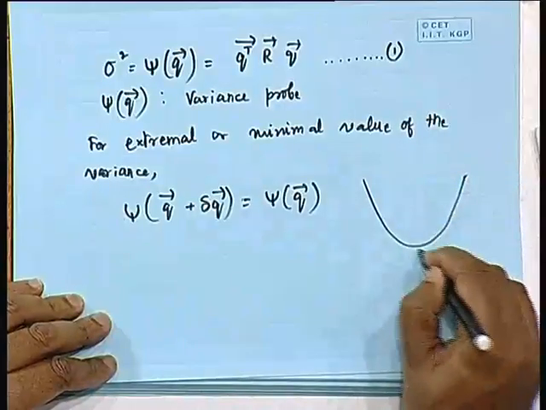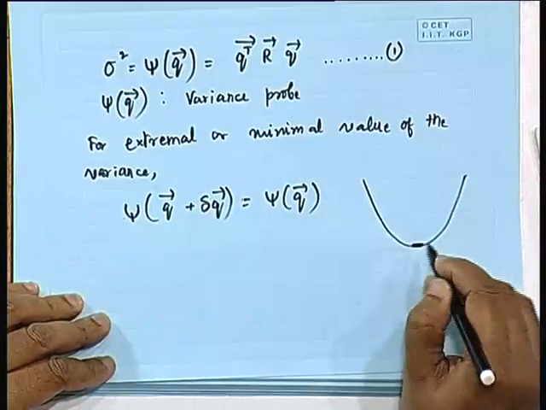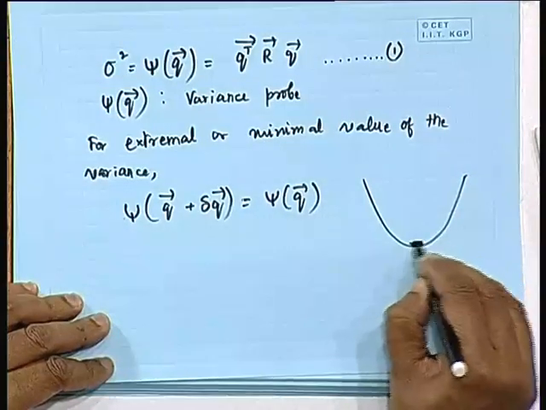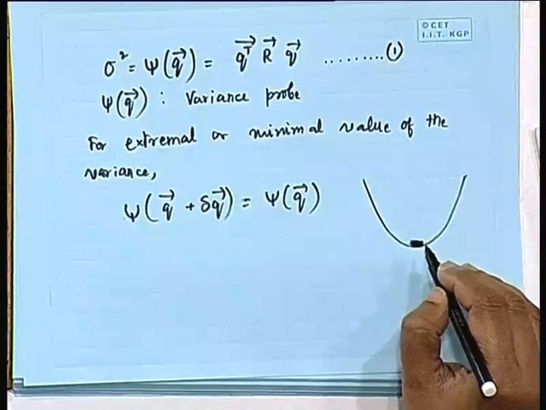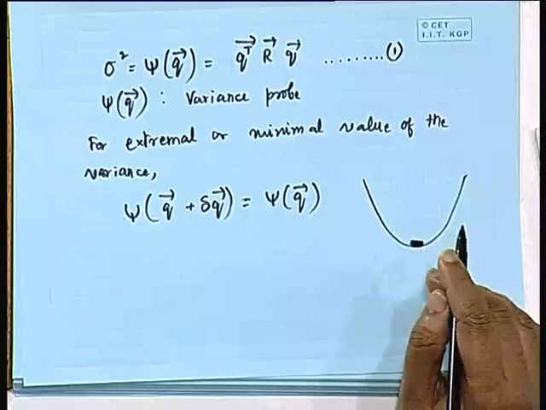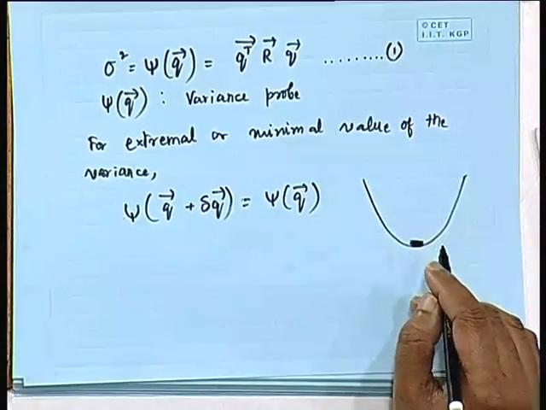So, if this is the variance probe, it has reached here. That means to say that if you try to disturb it a little from Q to Q plus delta Q, the variance more or less remains the same. This condition will be valid for local maxima also.